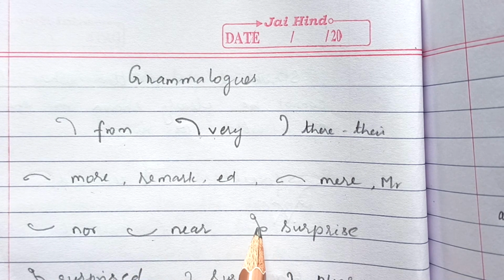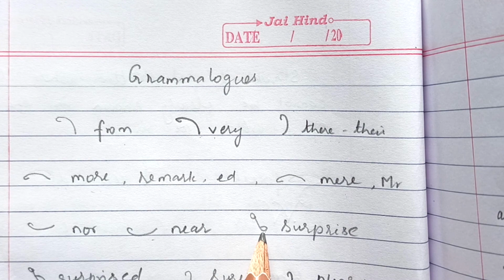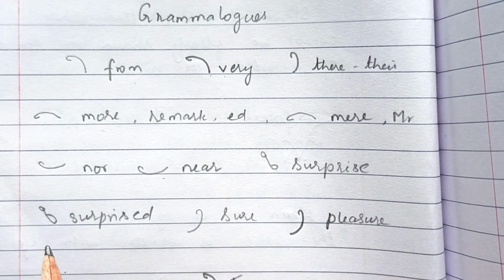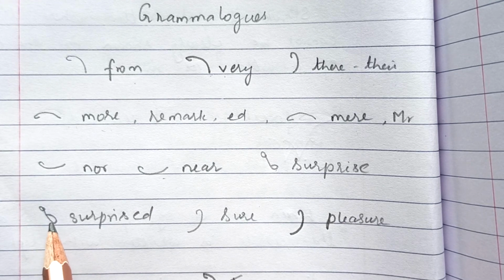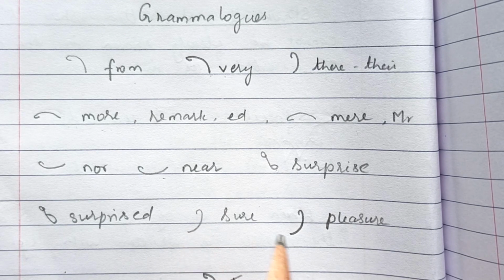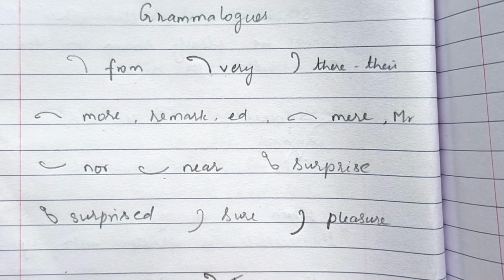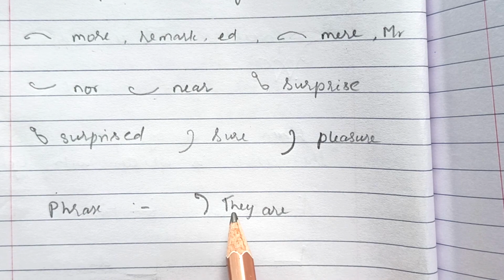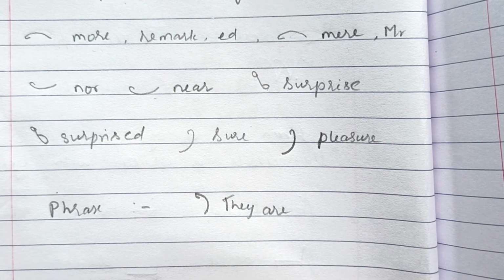Then surprise. So circle S and the side of the R hook. Then this P and circle S is surprise. Then the loop gives a sound of st. So surprised. Shur through the line is sure. Jar through the line is pleasure. And also we have a phrase. Thur above the line, they are.